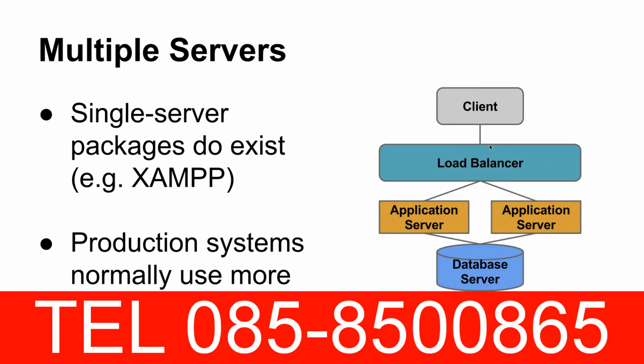So the client will talk to some kind of a front-end server, often that does load balancing, and it will redirect the client's requests to one or more application servers that store data on a back-end database server, and that database server also has replicas in case the primary server fails. So there's quite a bit of complexity in a typical production web application that requires several different systems to implement.